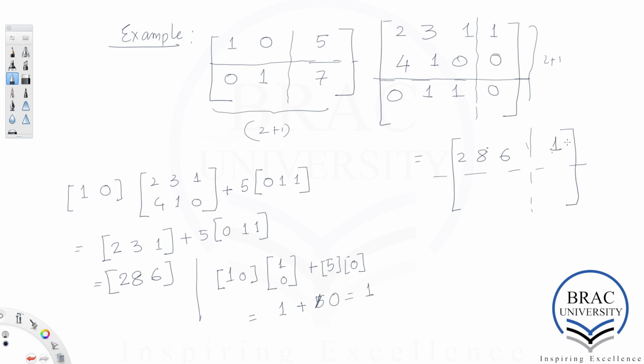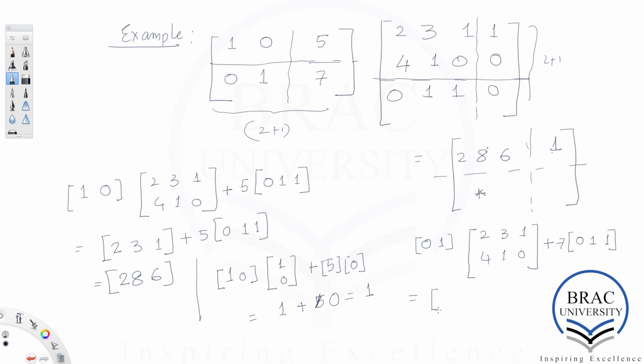Okay, so for this block we have to multiply 0 1, this row vector, with this block 2 3 1 4 1 0, and 7 gets multiplied with this row vector, right?